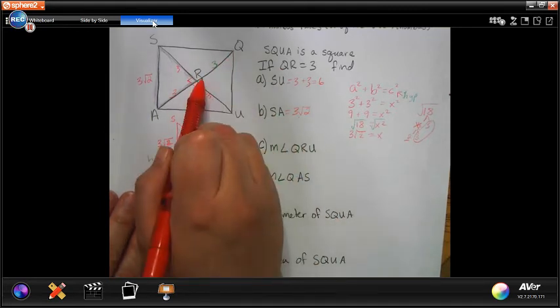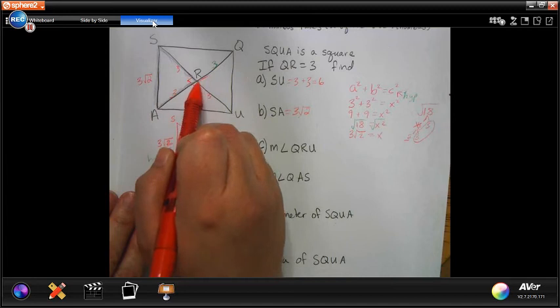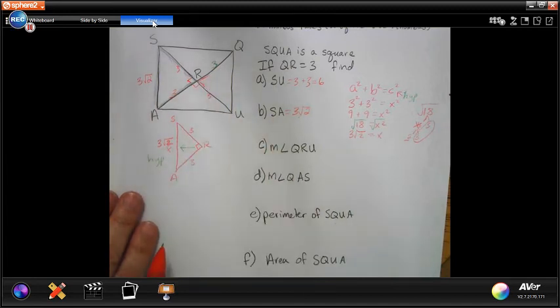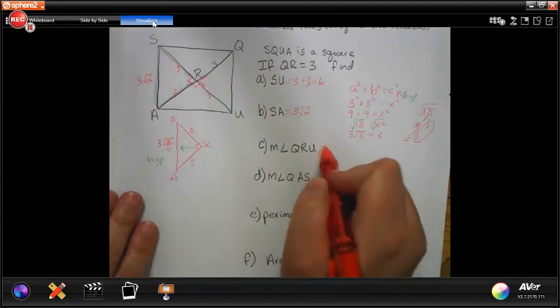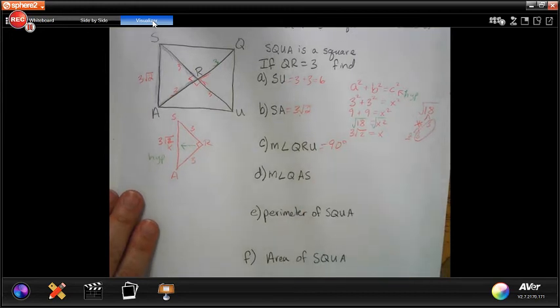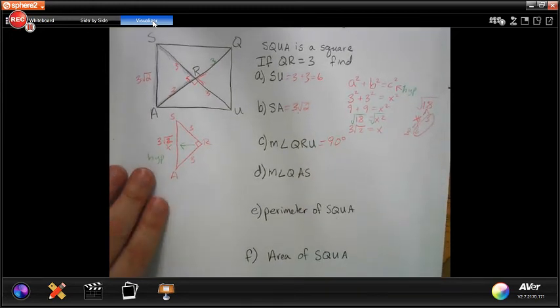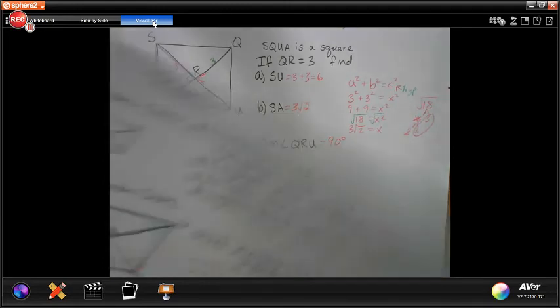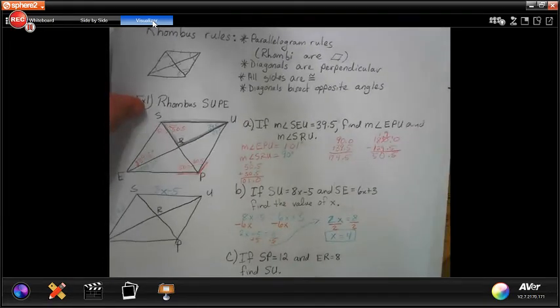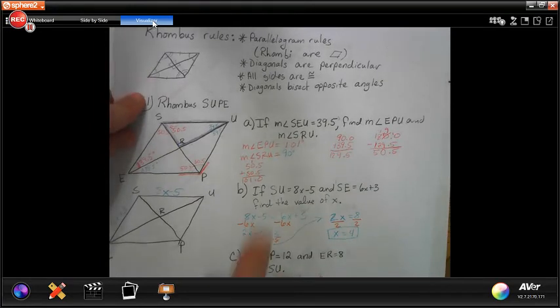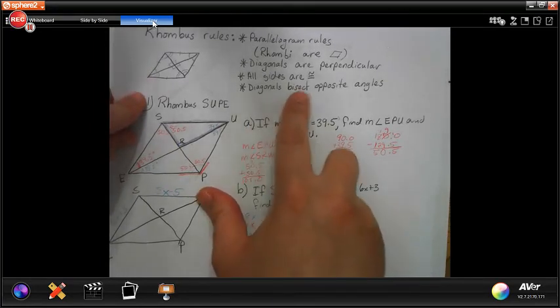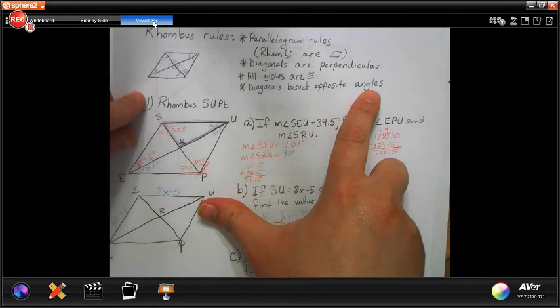Okay. Measure of angle QRU. QRU is this angle here inside, and since the diagonals are perpendicular, we already know that's 90 degrees, so that's an easy one. QAS. This is actually from your rhombus rules, if you watched the rhombus video already, which I hope you did. Diagonals bisect opposite angles. Okay?